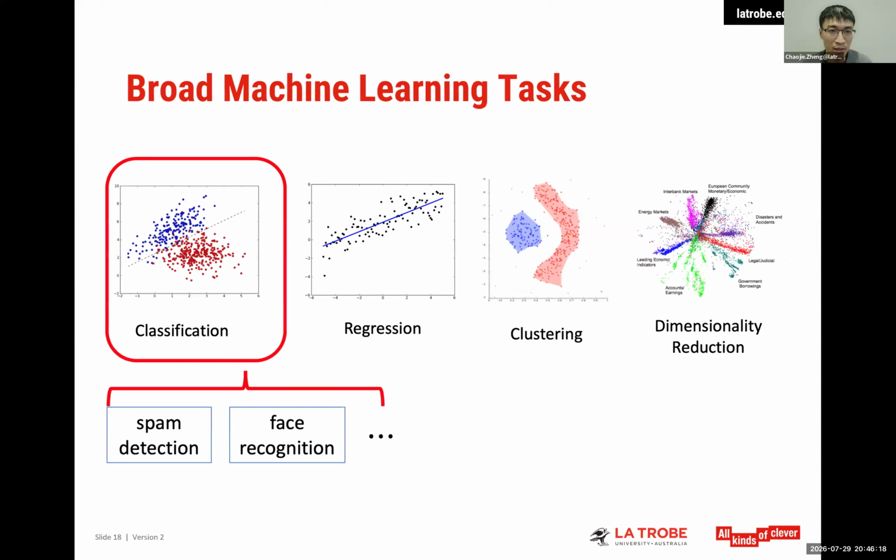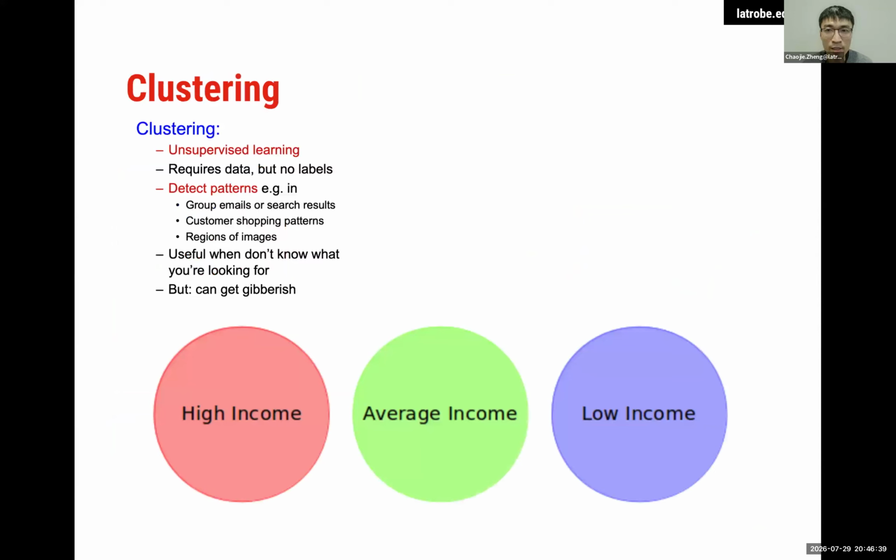And we have finished all the supervised learning part, like regression and classification. Now it's time to get into unsupervised learning, represented by the clustering task. So clustering is an unsupervised learning method.